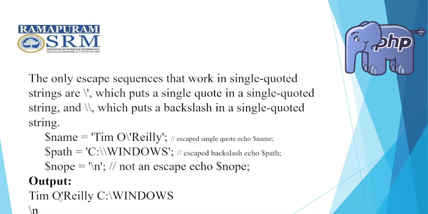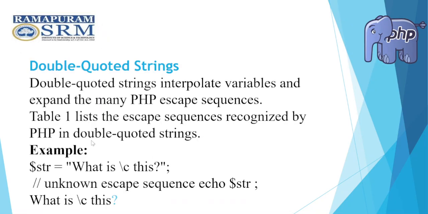This can be represented by the escape sequence. So you have to mention the escape sequence. For example, $name equal to, within single quotes, 'Tim O\'Reilly'. This will be considered as an escape sequence.